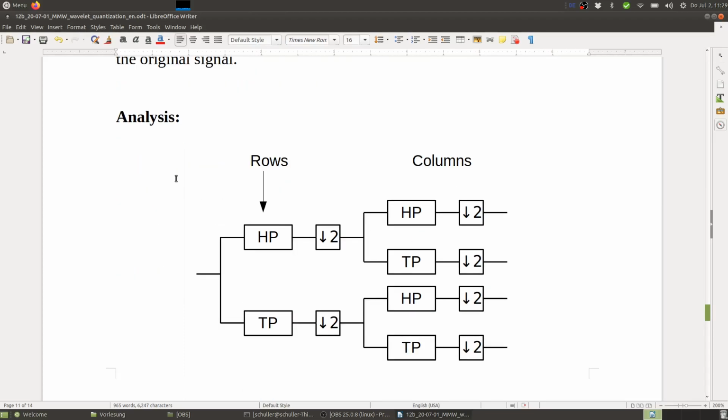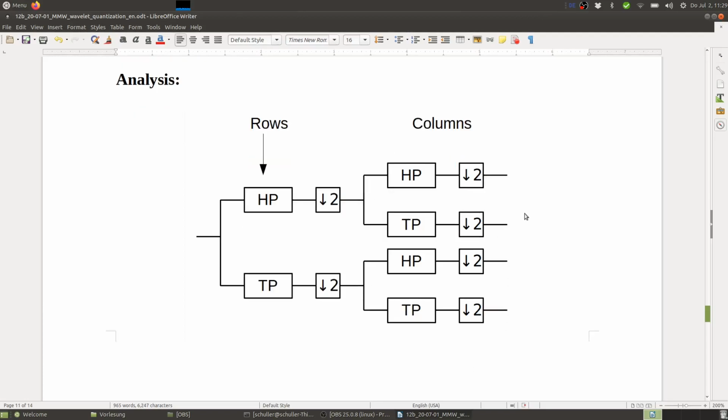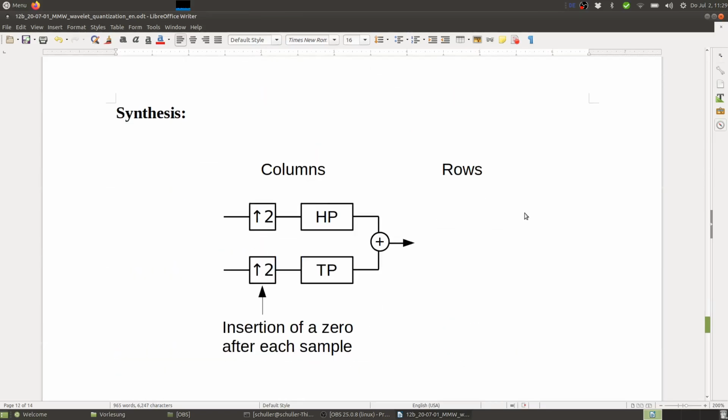So here's the analysis. Now we have one stage for the rows, and the following stage is for the columns. So each is one-dimensional. This filters along the rows, and then the result is taken, and we have those filter pairs along the columns. And for the synthesis, we get the reverse structure.